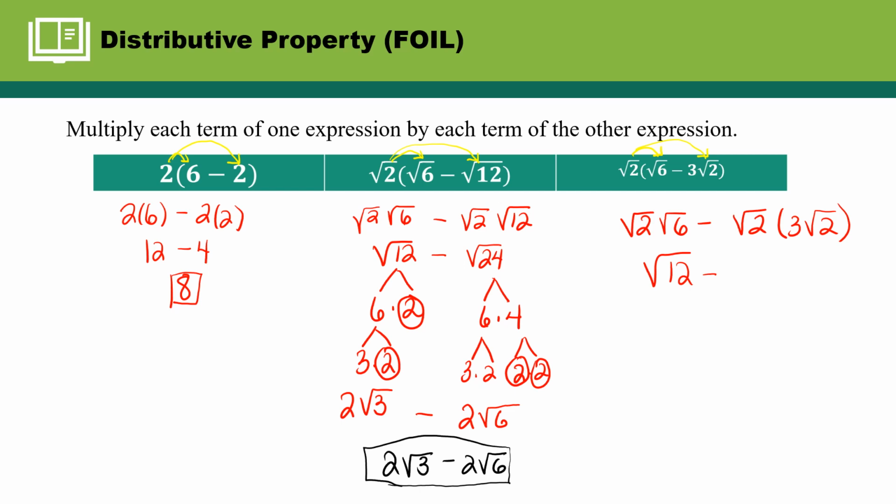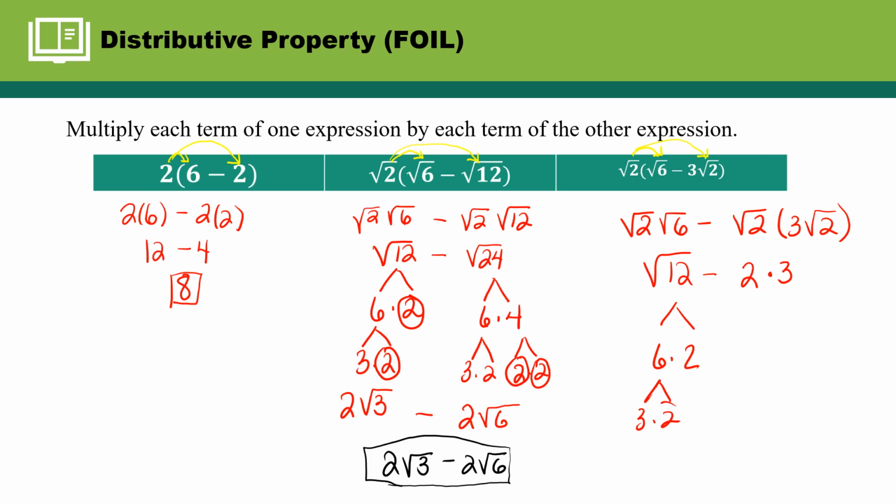So the square root of 2 times the square root of 6 is the square root of 12, minus the square root of 2 times the square root of 2, that is equal to 2, and then times 3. So the square root of 12, I can simplify. We already have it from the previous example.